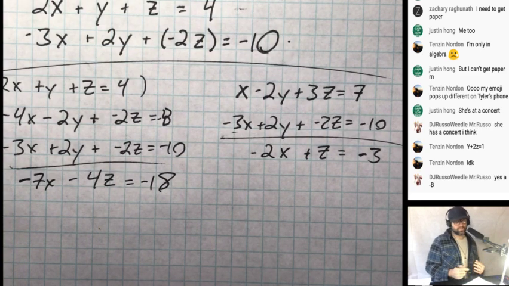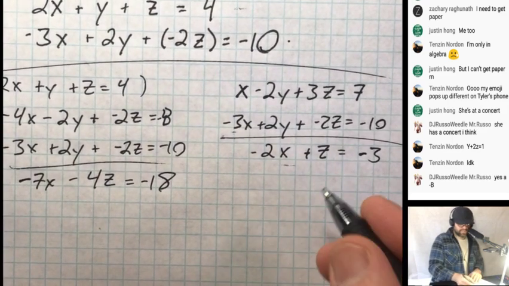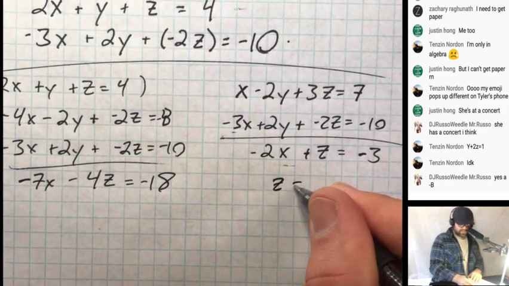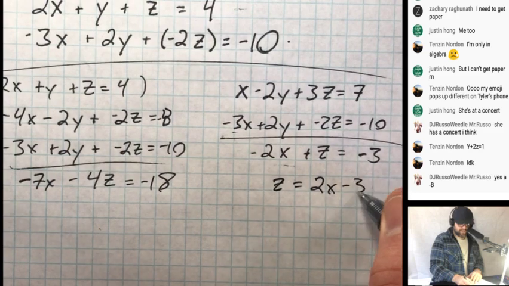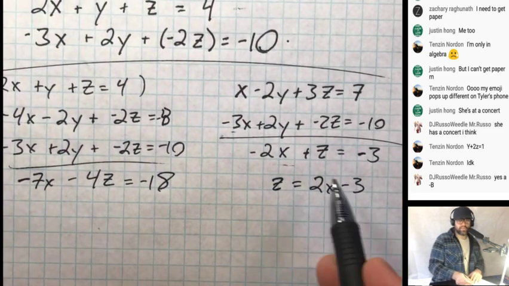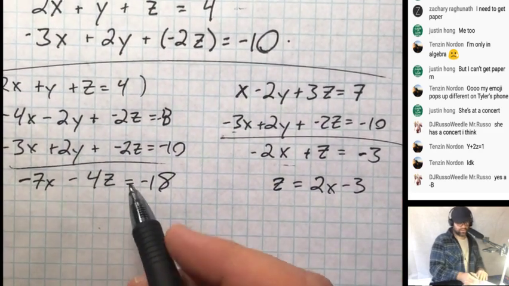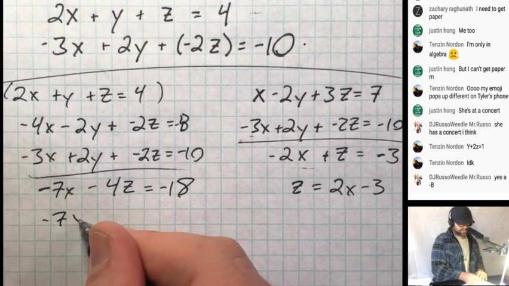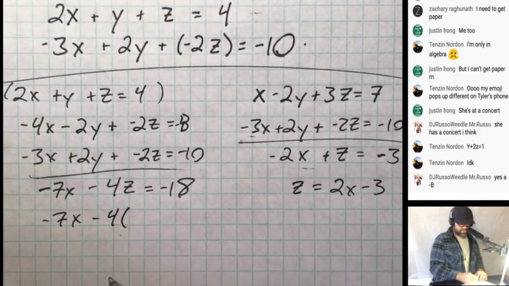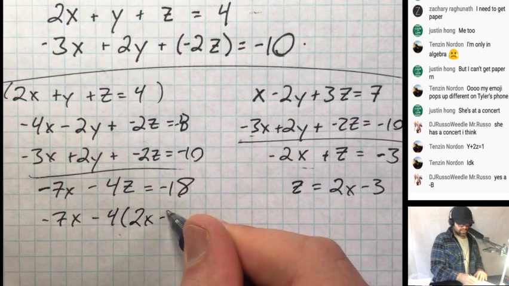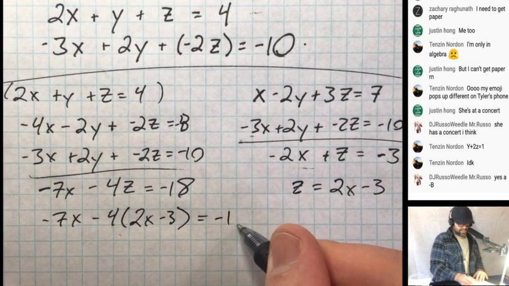Now we can solve. So I'm going to solve this guy for z right here, and in this equation, z equals 2x minus 3. So now that I know what z equals, I can plug it into this equation. So negative 7x minus 4 times the quantity of 2x minus 3, which is the same thing as z.